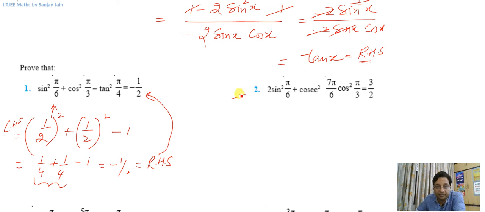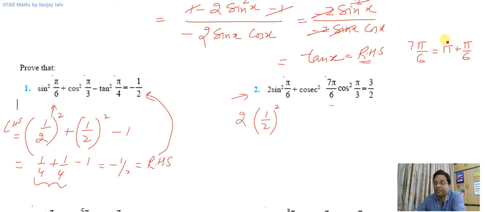In this second part, or the second question, again I have this sine square pi by 6, so twice of 1 by 2 squared. You just have to replace these values. Now I have got 7 pi by 6 here. What is 7 pi by 6? 7 pi by 6 is nothing but pi plus pi by 6, right? And there is this pi, so it will not convert this ratio.